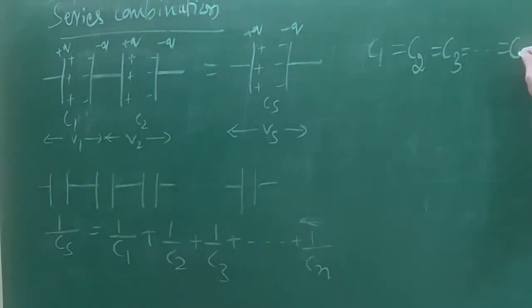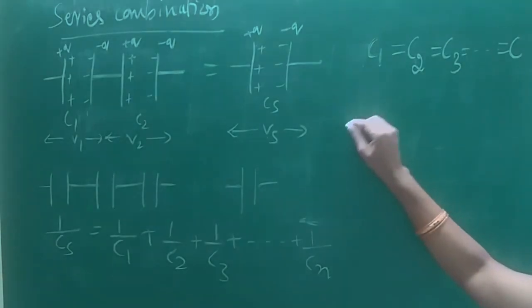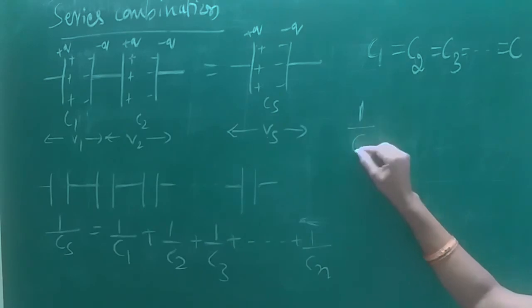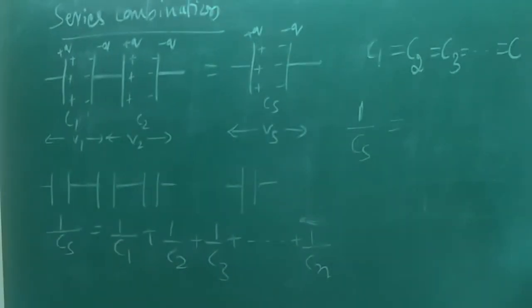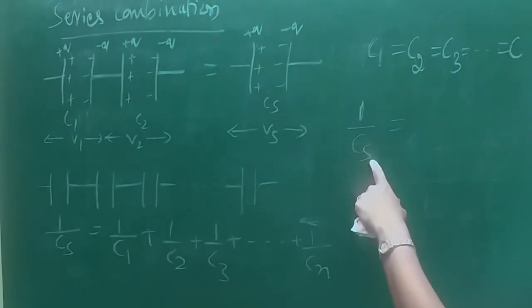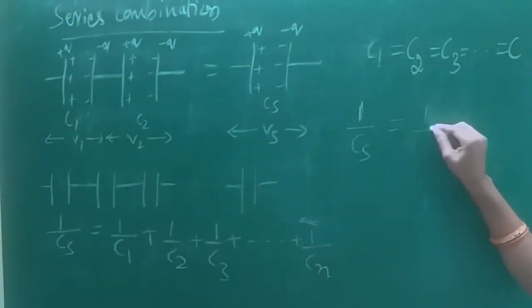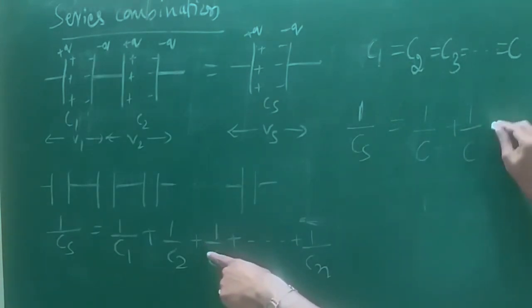Let us take all these equal to C. If identical capacitors are connected in series combination, then the reciprocal of the capacitance in series combination is given by 1 by C1 value is C plus 1 by C2 value is C, up to n.